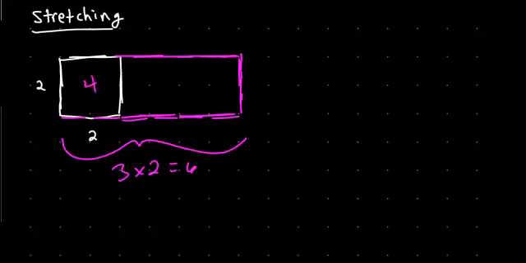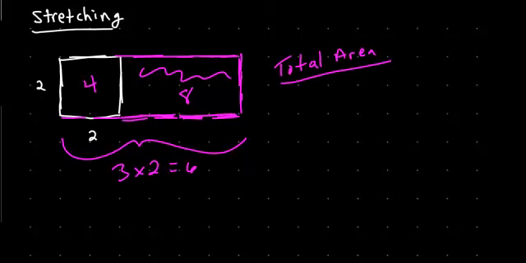What's the new area going to be? The area inside here is 1, 2, 3, 4. 4 times 2 is 8. So my total area is going to equal 12.